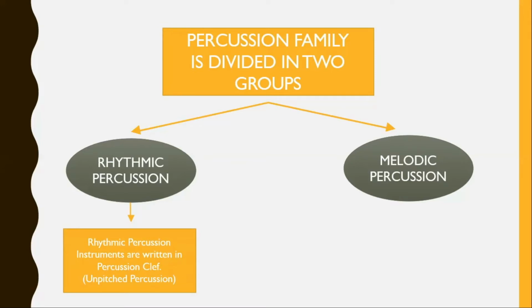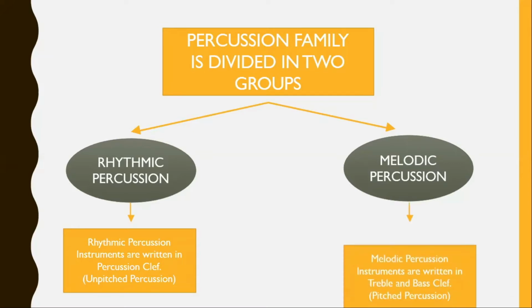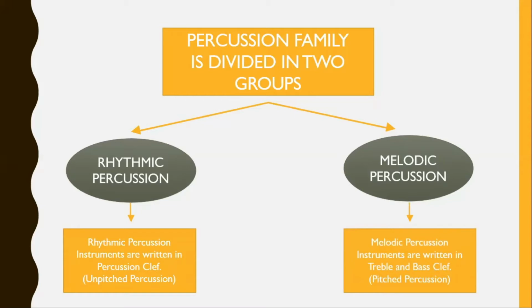For example, the drum set, congas, cajon, etc. Melodic percussion instruments are written in treble and bass clef, pitched percussion. That means those instruments have musical notes. For example, the xylophone.